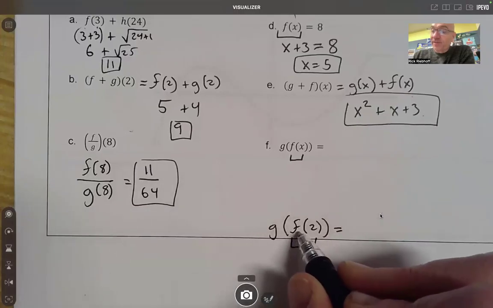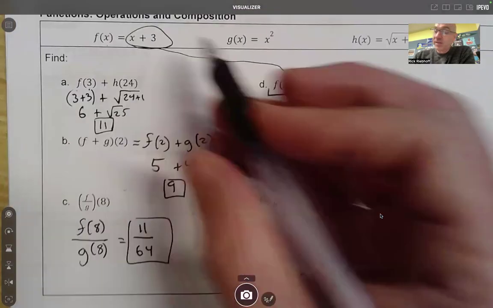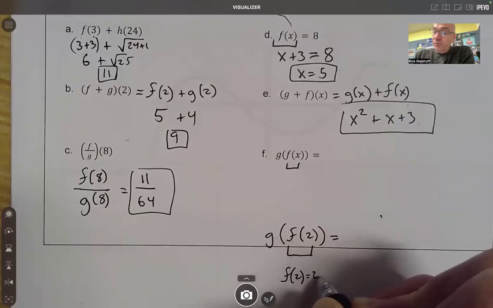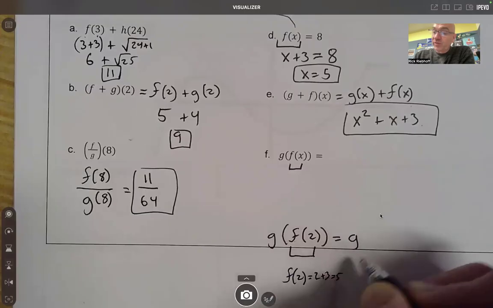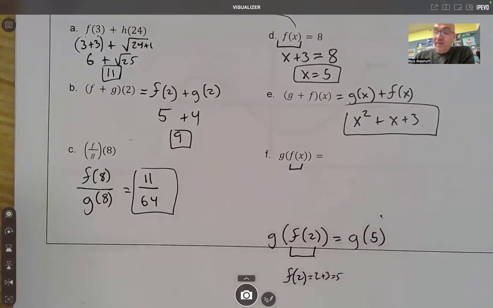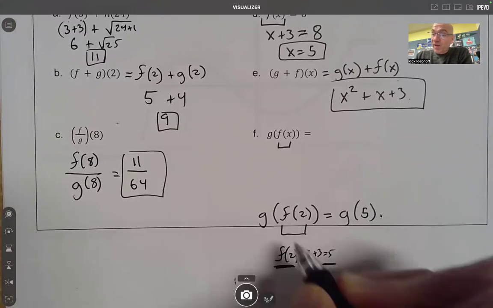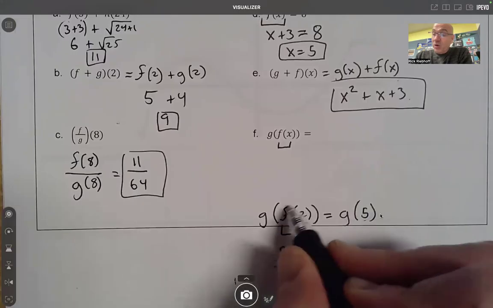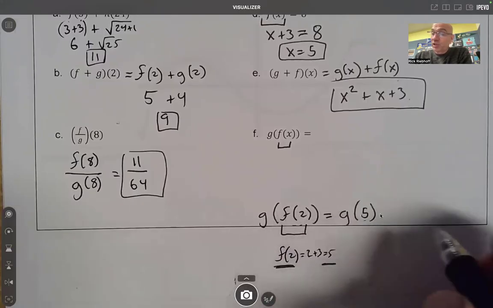So I'm going to go f of 2. I'm going to plug 2 into my f machine. So f of 2 is equal to 2 plus 3, which is 5. So if f of 2 equals 5, I can just write 5 instead of f of 2. They are equal. Now I'm going to plug that output, which was 5, into the G machine.